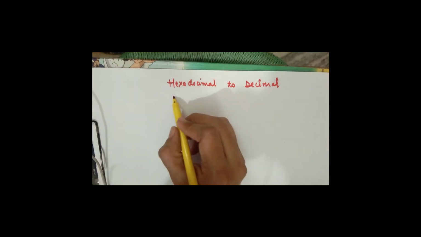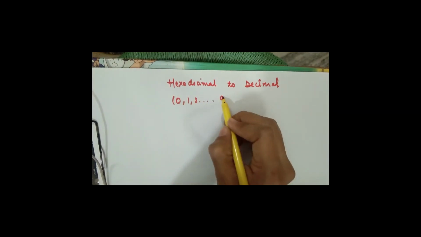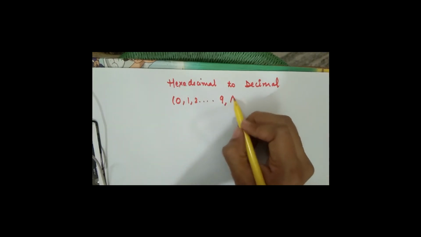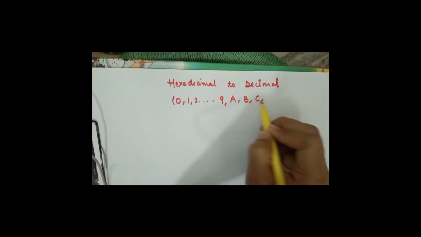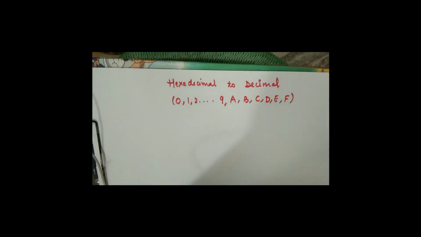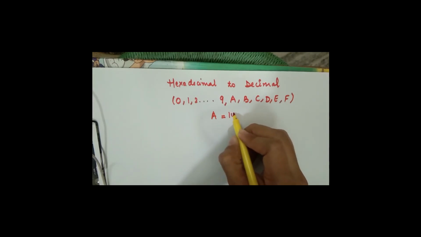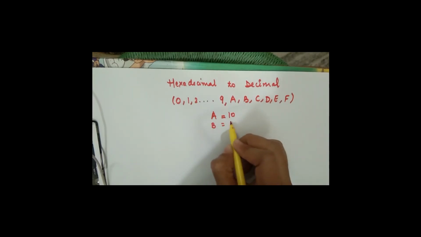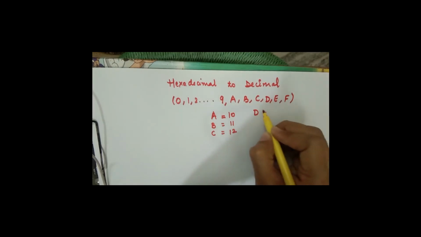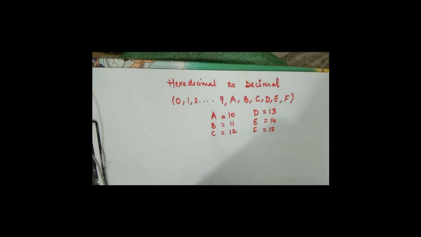The range of hexadecimal number starts from 0, 1, 2 up to digit 9. Afterwards, we have alphabets A, B, C, D, E, and the last alphabet is F, where the value of A is 10, value of B is 11, C means 12, the value of D is 13, the value of E is 14, and the value of F is 15.